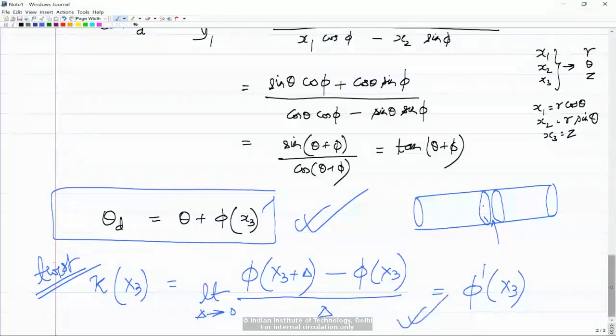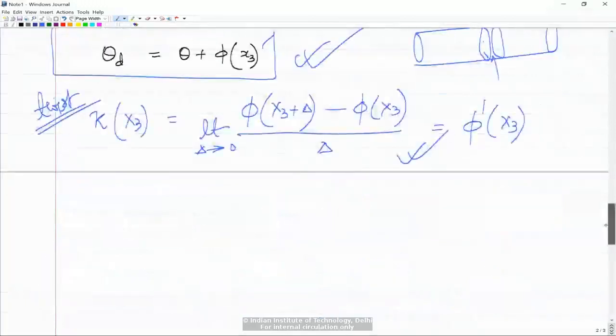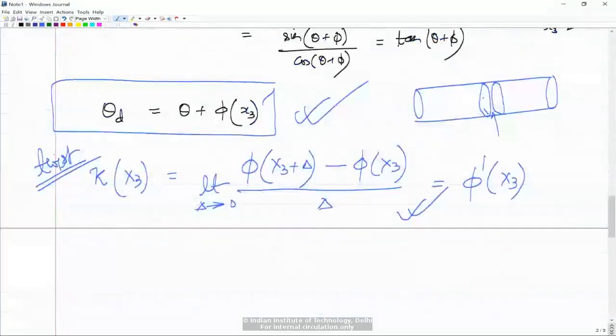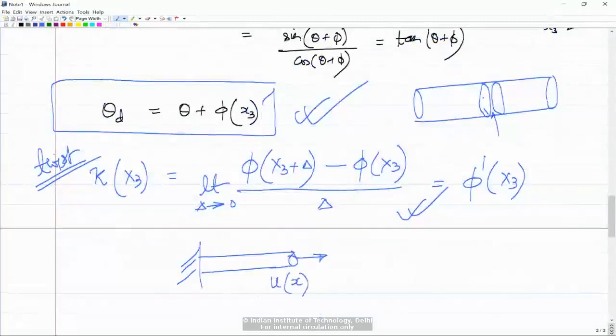Do you remember the same thing happens even with elongation of a beam? So if you have a beam which you are elongating, suppose u is a function of x here. This is the x coordinate and u is a function of x. So how much is the longitudinal strain, epsilon?